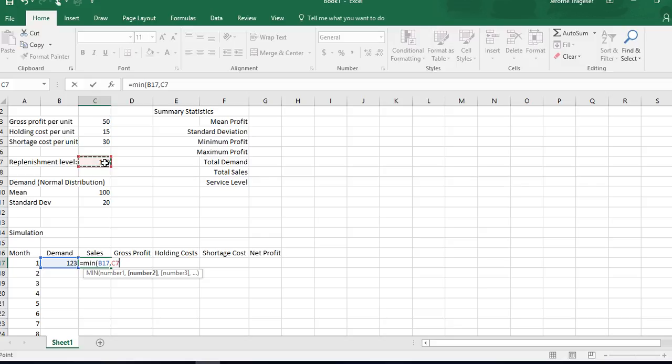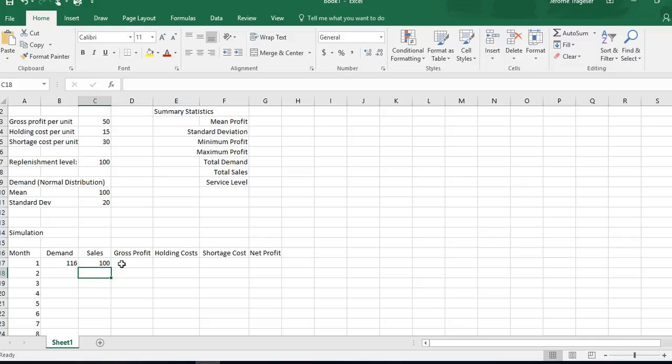And that, again, can be an absolute cell reference. It's not going to move as we carry this down, in parentheses. Okay, so again, when I let go there, my demand changed because of my random variable, and the demand was 116, but we only have 100 as our replenishment level, so the minimum there was 100.